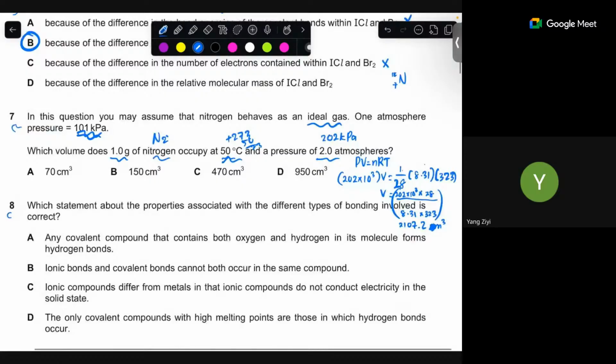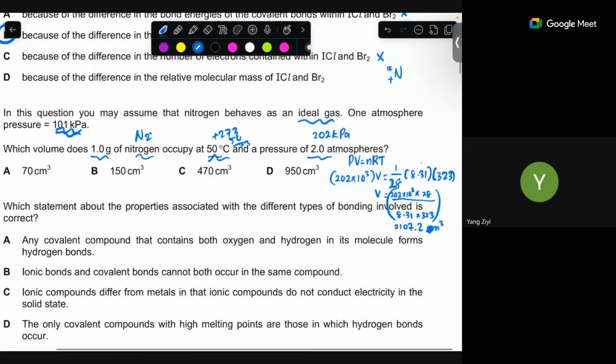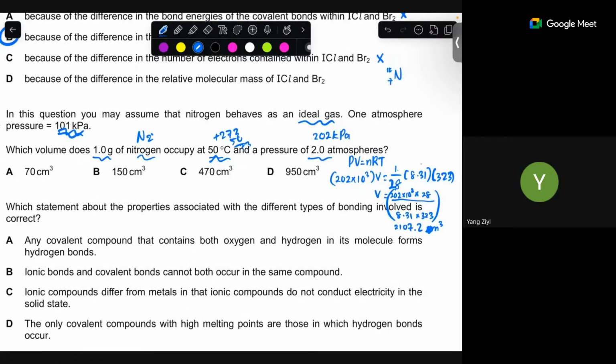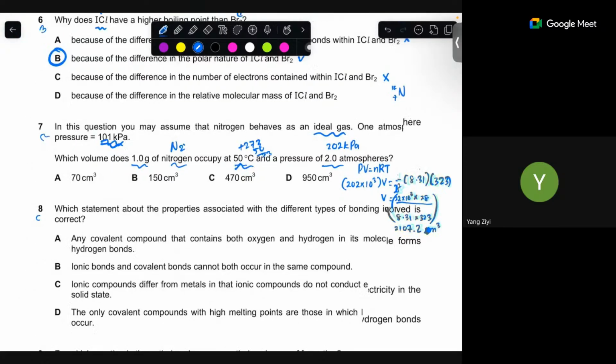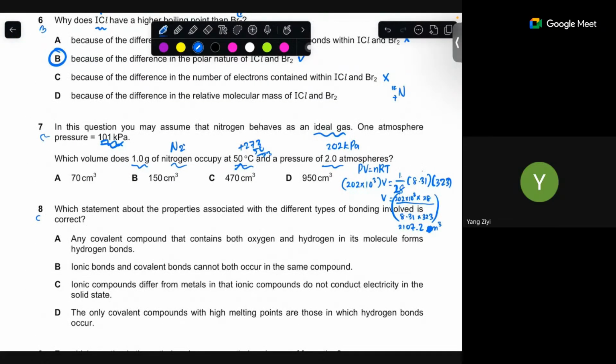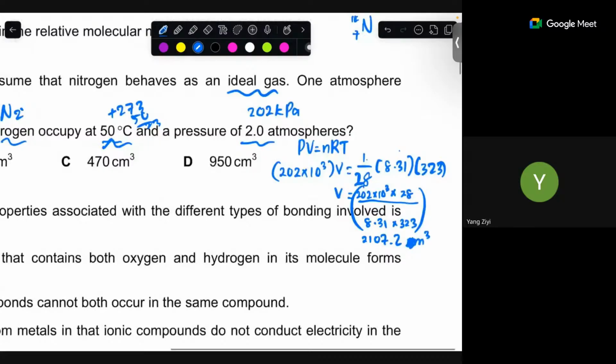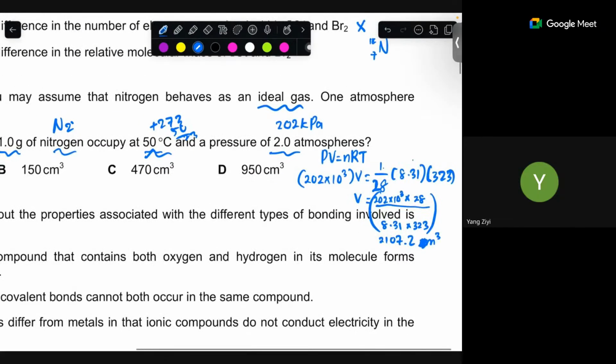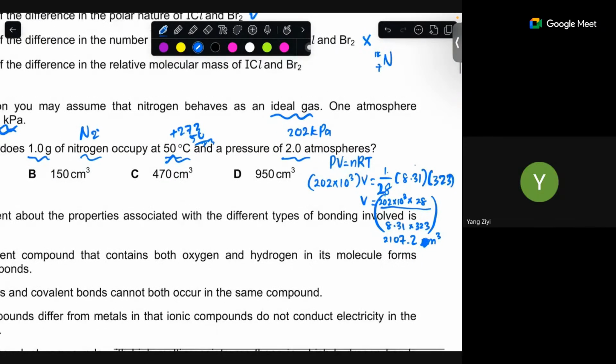Can you calculate again? Maybe someone else? The rest also try to calculate. Sir, it's 474. Okay, so you will get your answer in meter cube.